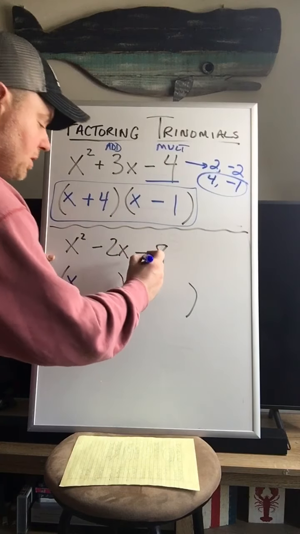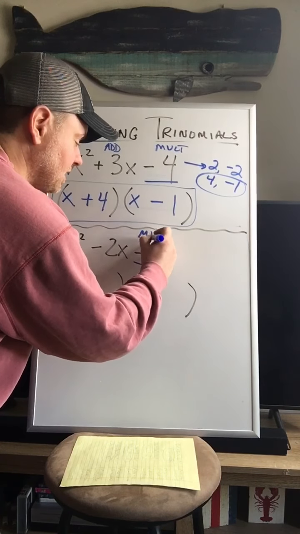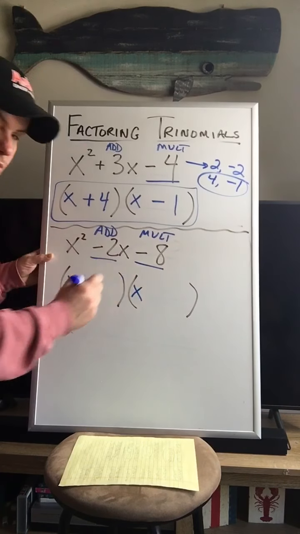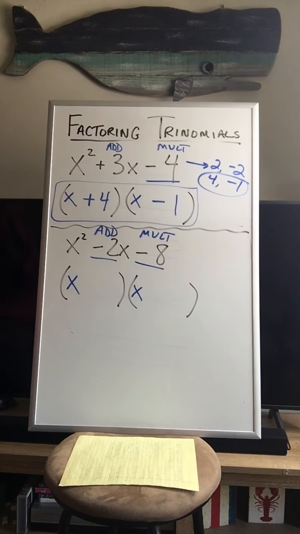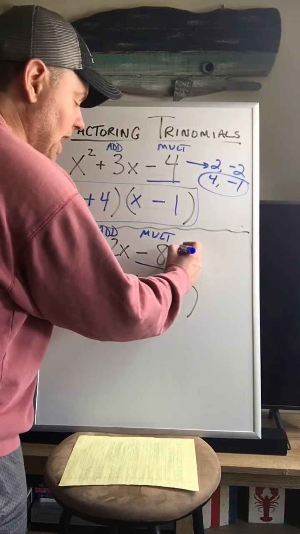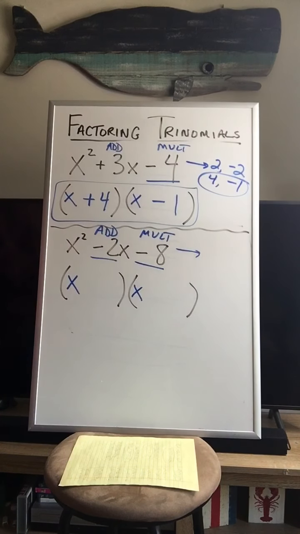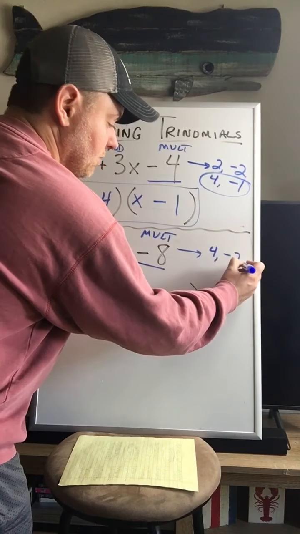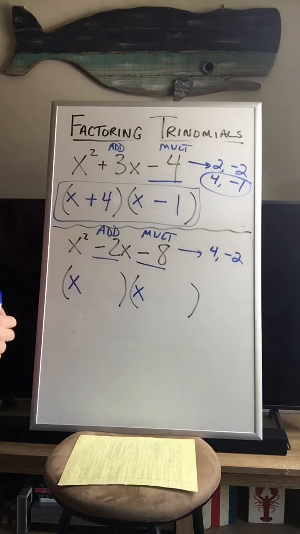And now we need two numbers that multiply to -8 and add up to -2. So if it's going to multiply to -8, that means they're going to have different signs. So it could be 4 and -2. Those would multiply to -8.